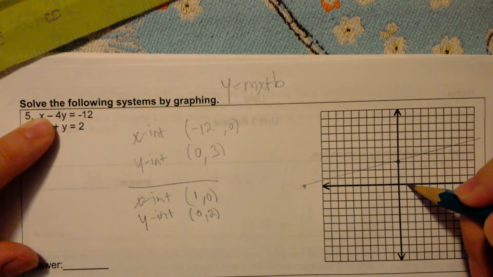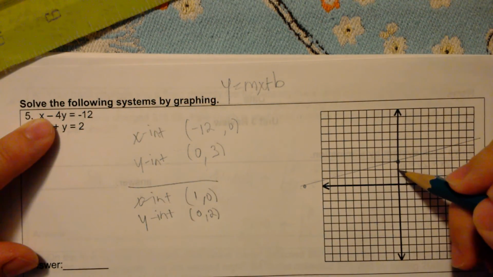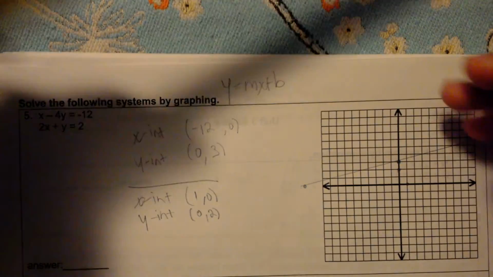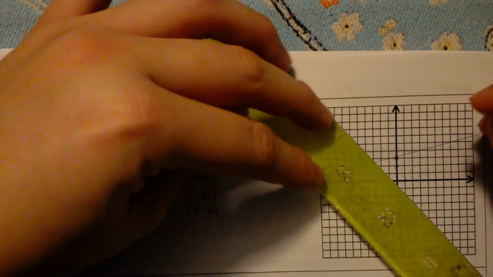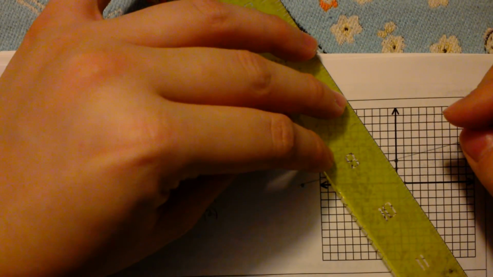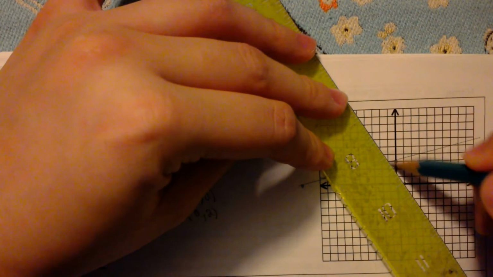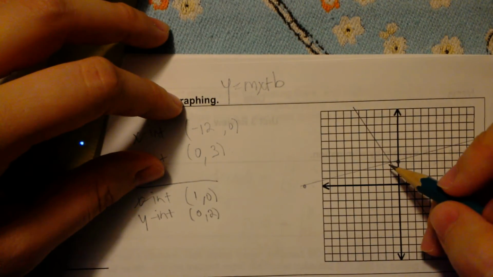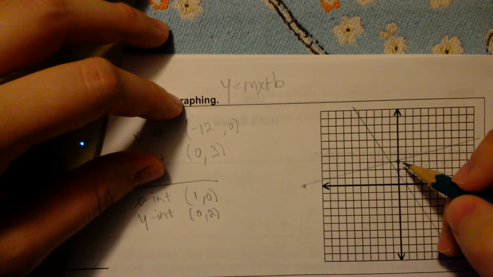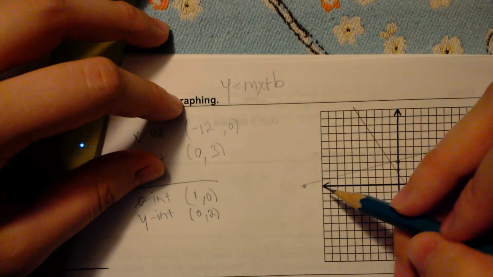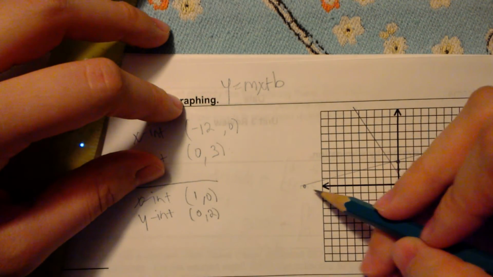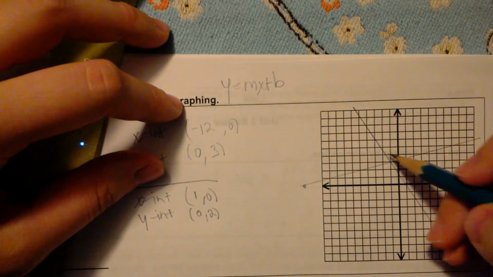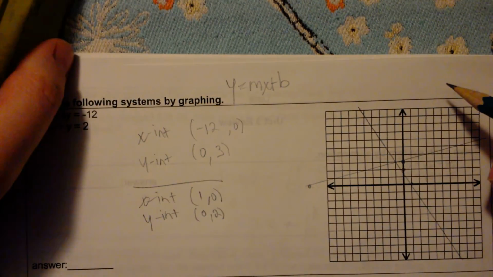So I'll go over here, 1, 0, and 0, 2. So they cross somewhere around -1, +3. And of course, since I moved that over here, I didn't judge how far it is, my graph's not going to be that accurate.